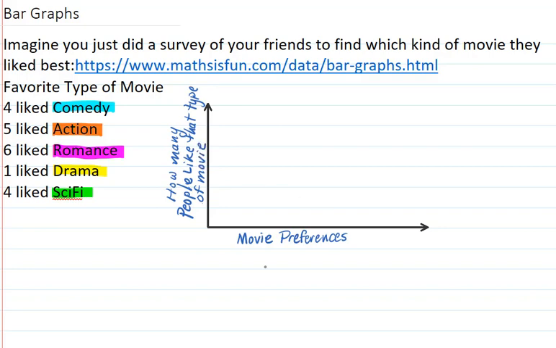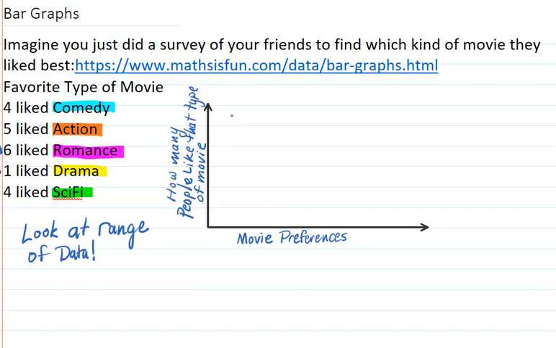And then you have to figure out what your scale is going to be. So you need to look at the range of data. What's your high and low? The high is 6 and the low is 1.